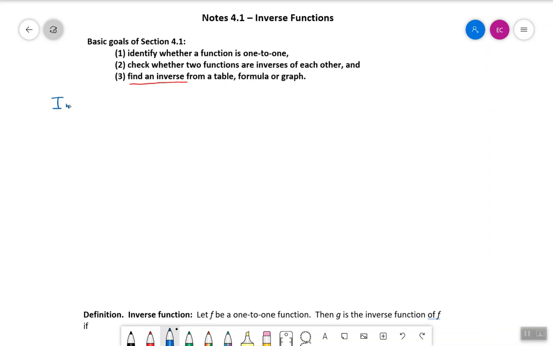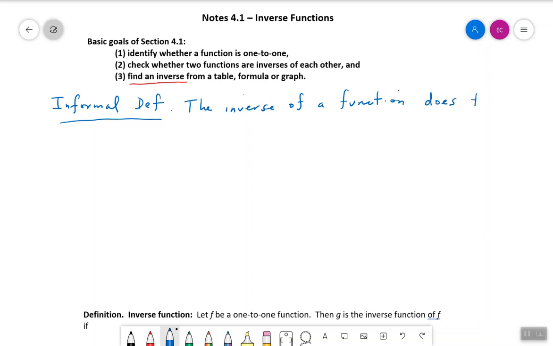So an informal definition would say that the inverse of a function does the opposite.